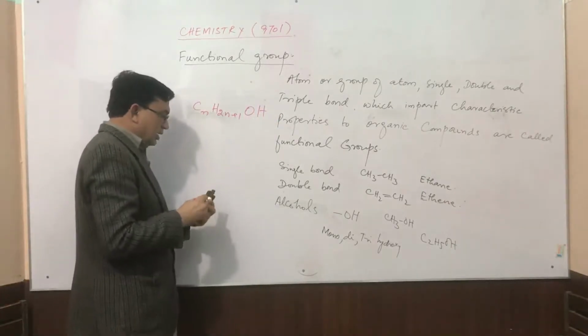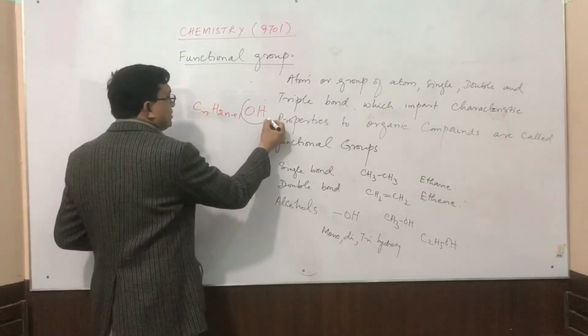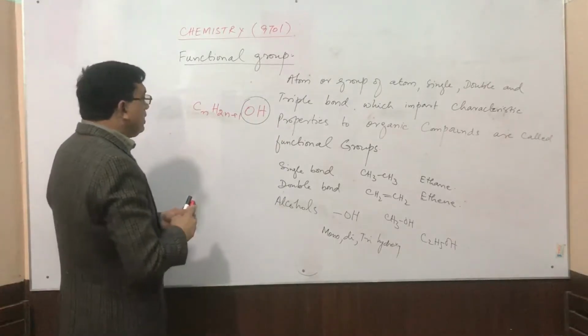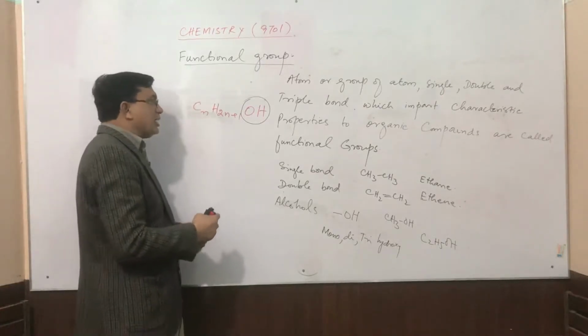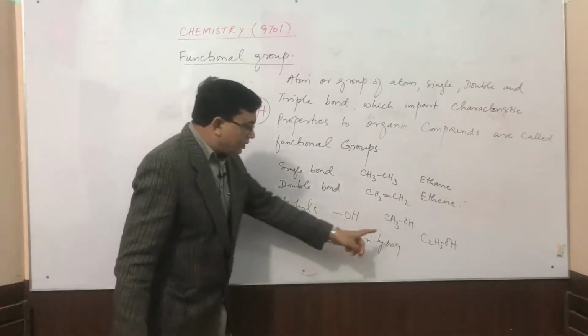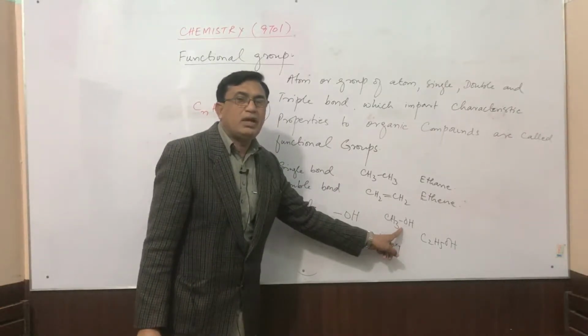Now this is the OH which is used here as a functional group. If we put different values of n, we will definitely get different types of alcohol. The first one comes methanol.